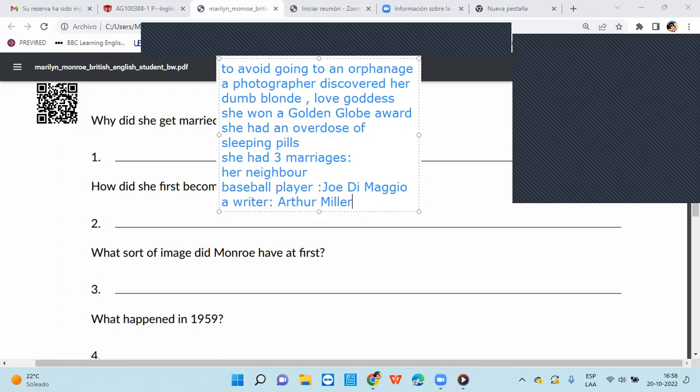He was quite famous, like Messi now in relation to football. And Arthur Miller was also a very famous writer. Okay, that was just in case.